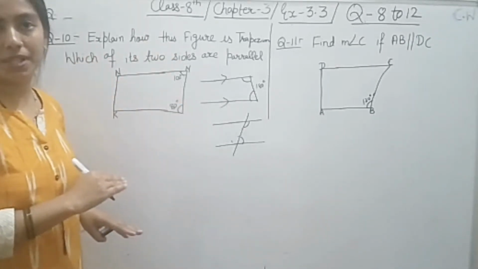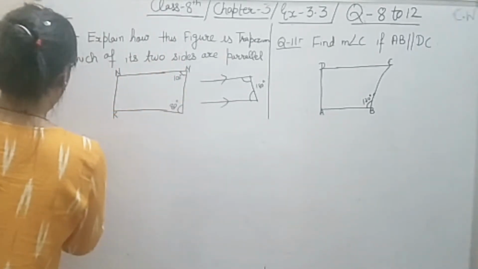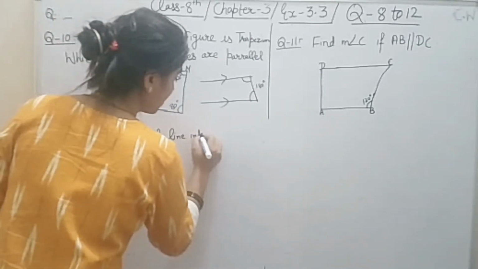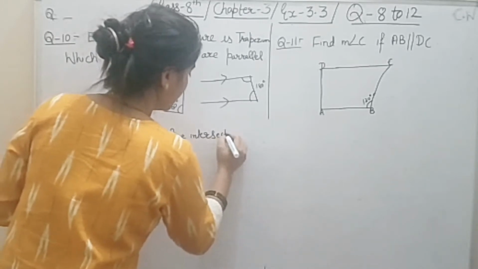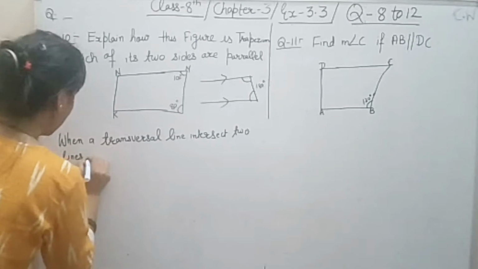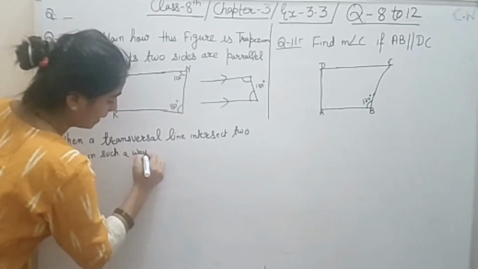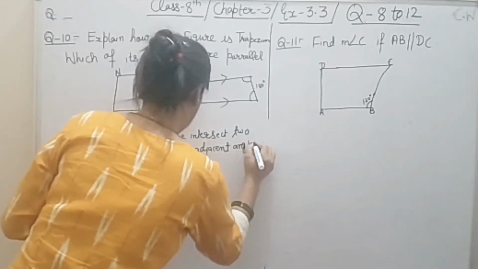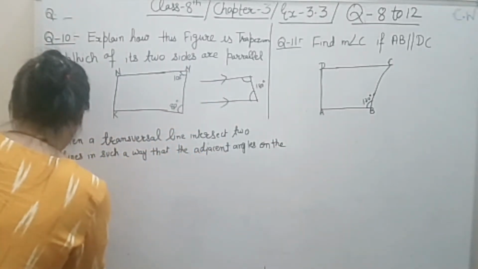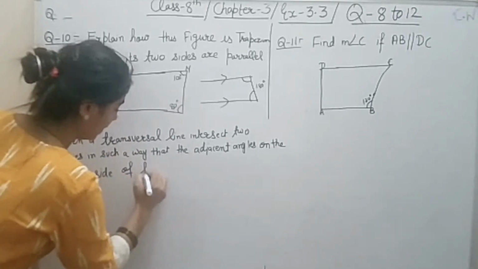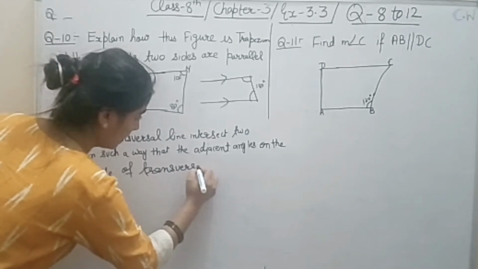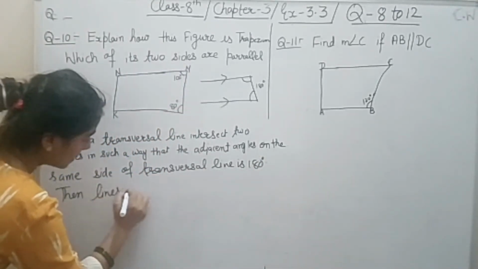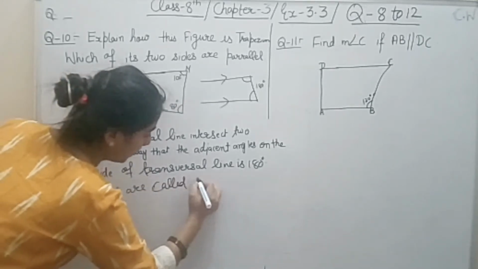Okay, so first of all we write the condition: what condition is required so that this given figure should be a trapezium, and what is that condition, let's see. When a transversal line intersects two lines in such a way that the adjacent angles on the same side of the transversal line sum to 180 degrees, then the lines are called parallel.